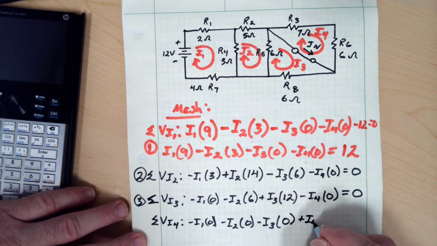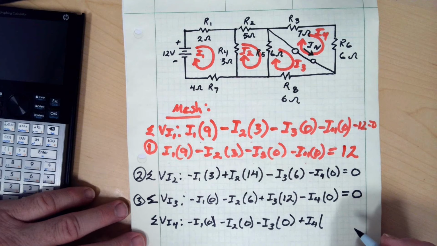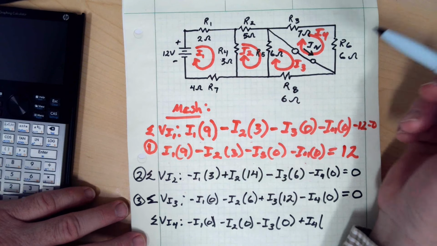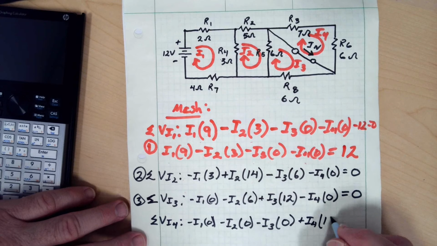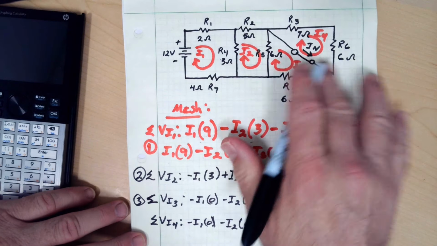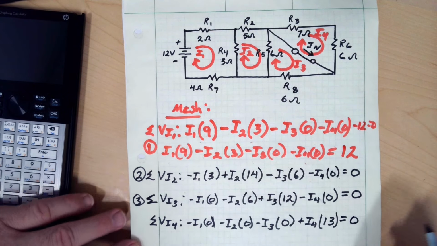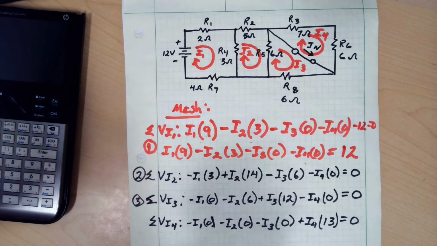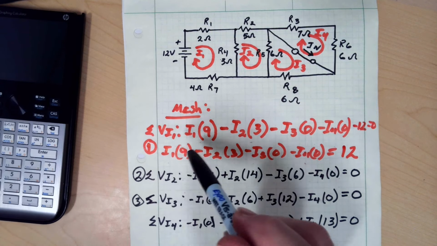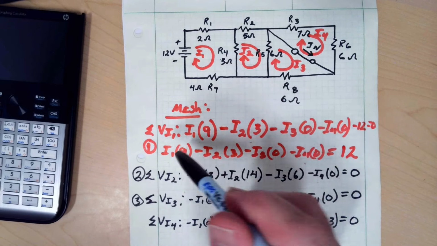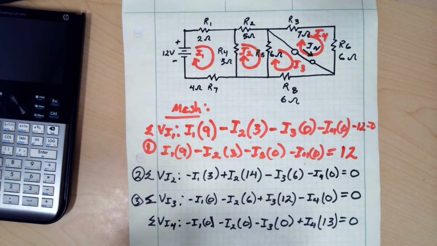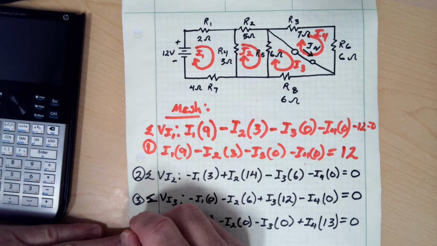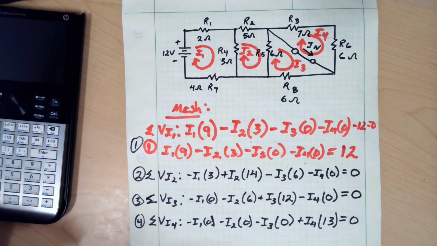And then we add our fourth term in there for the fourth loop, and we have a 7 and a 6, which makes 13 ohms. Again, no voltage supply is in there, so that just gives us another 0. So we have 1, 2, 3, 4 loops and 1, 2, 3, 4 equations. This is our fourth one, and there's our first one.